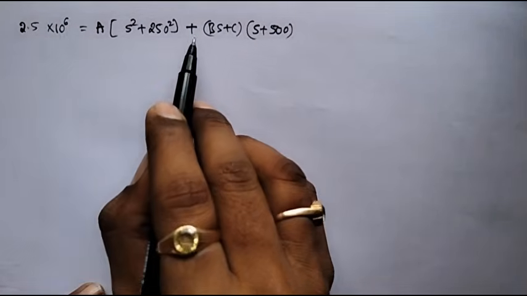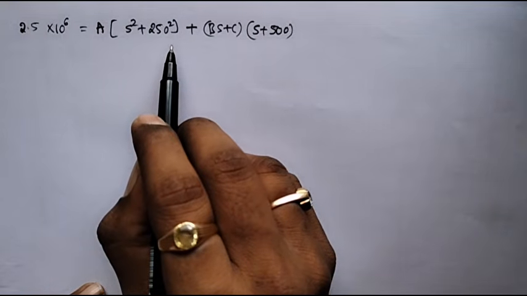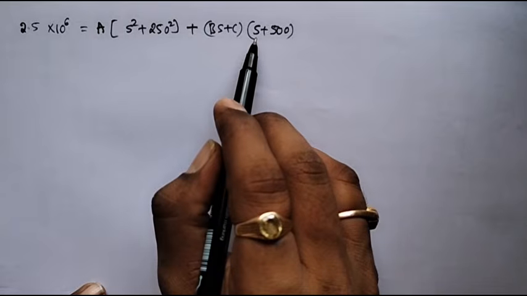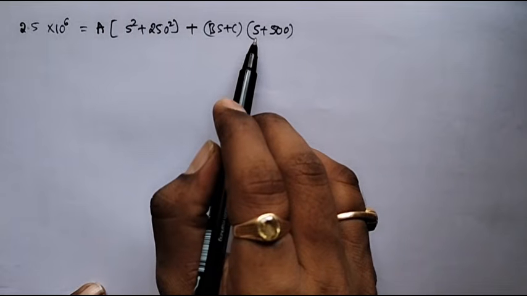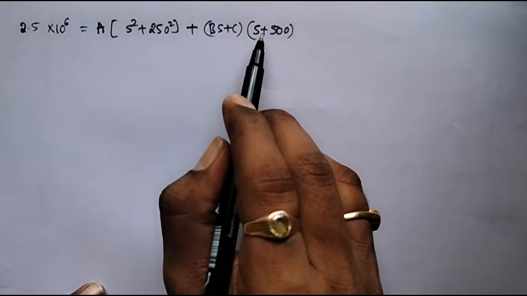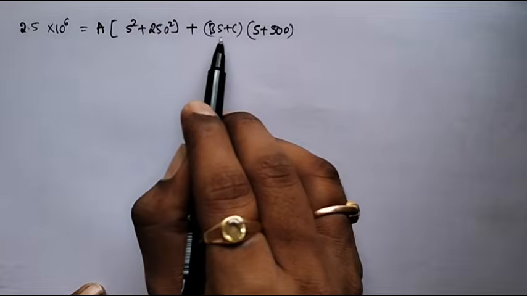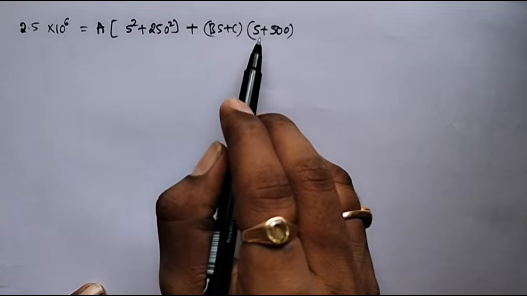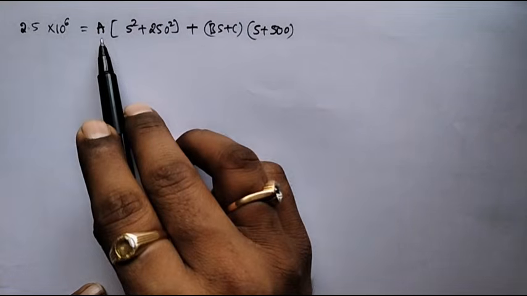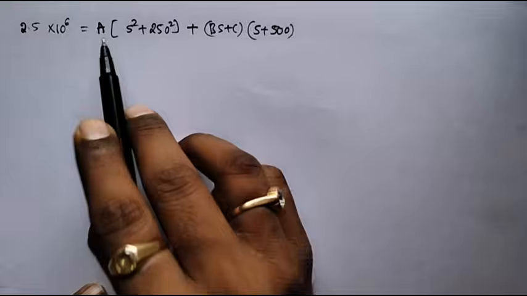Now we'll try to calculate the constants A, B and C. In this equation, if we take s equal to minus 500, then this term will become 0, and multiplying 0 with Bs plus C, this entire term will become 0. Then there remains only A, so we can find the value of A.